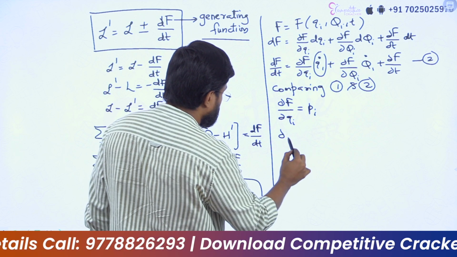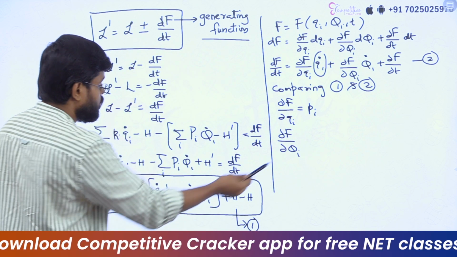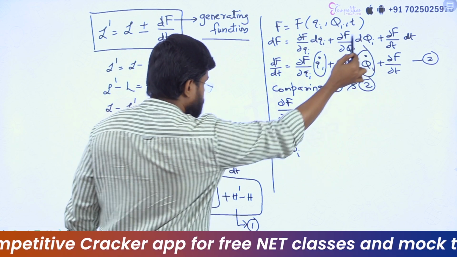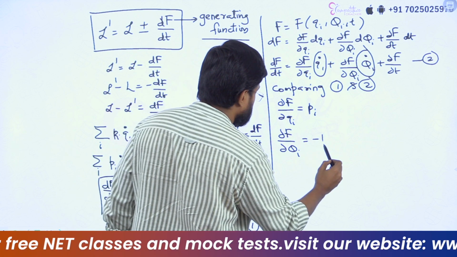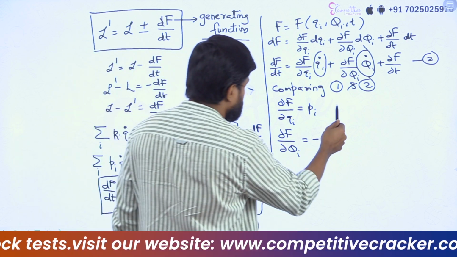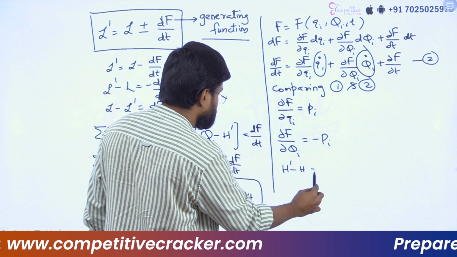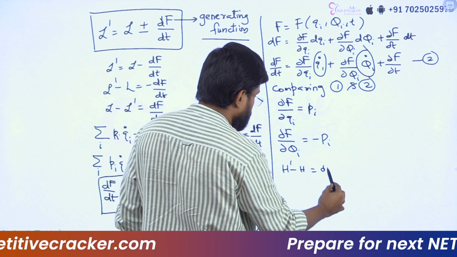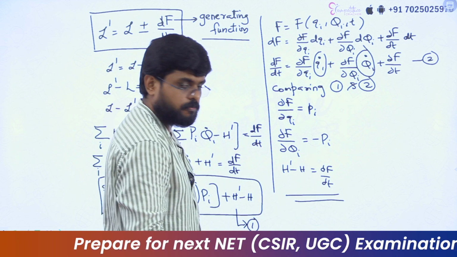And dou F by dou capital Qi, here Qi dot is there, so it is minus capital Pi. And H prime minus H is equal to dou F by dou t.